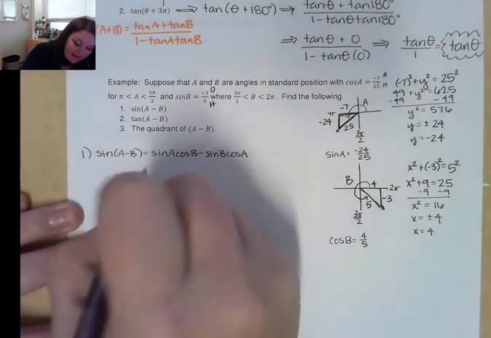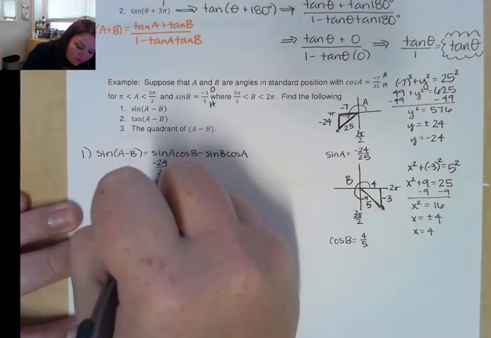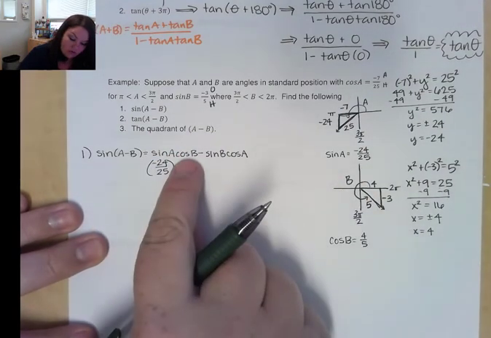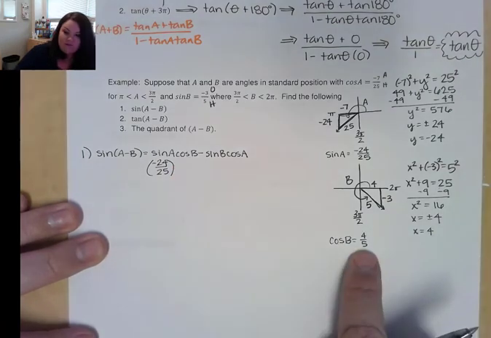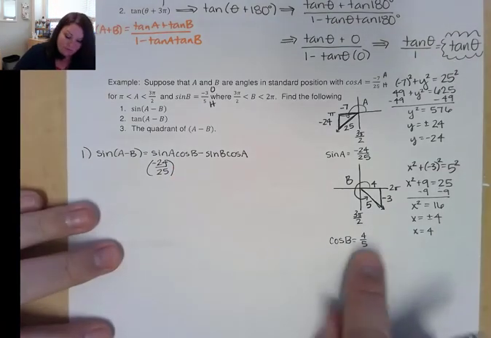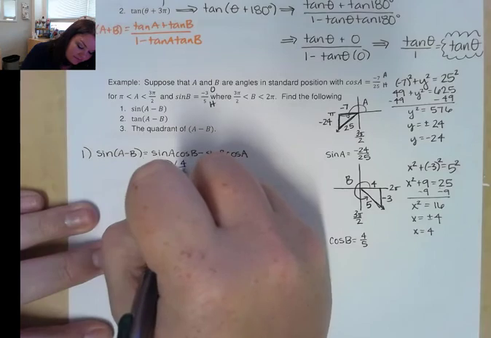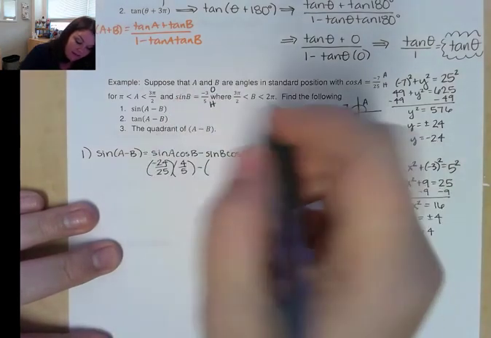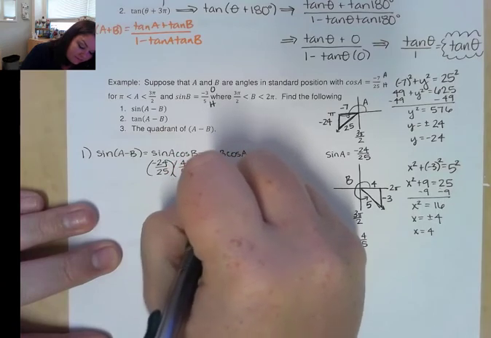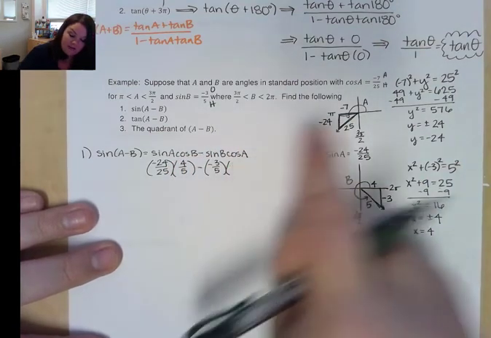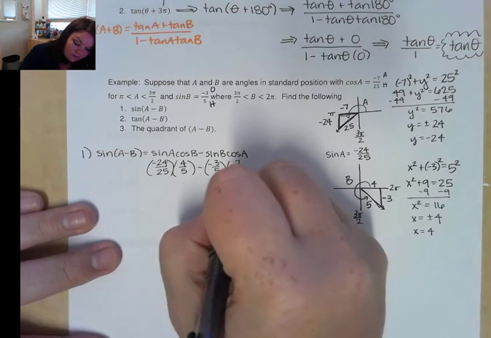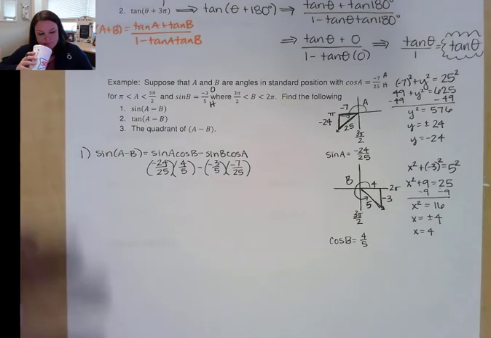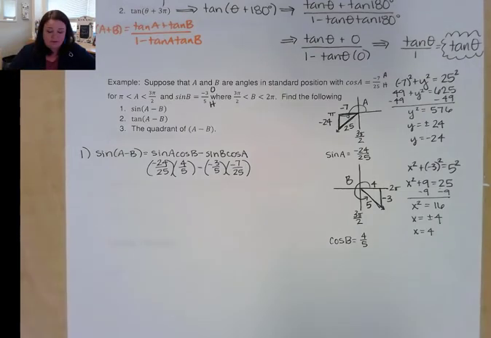So now we should have all the values we need to plug in here. So sine of A is negative 24 over 25, right? We got that from doing our reference triangle. Cosine B, we got from doing our reference triangle for B, which is 4/5. Minus sine B, which was given, right? Negative 3/5. Times cosine A, which was given, negative 7 over 25, right? And now we just simplify.